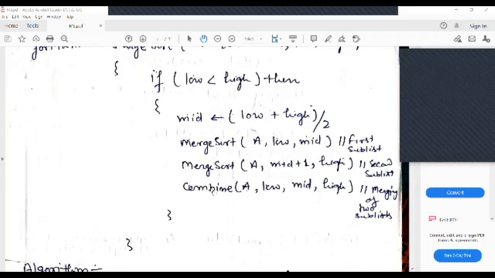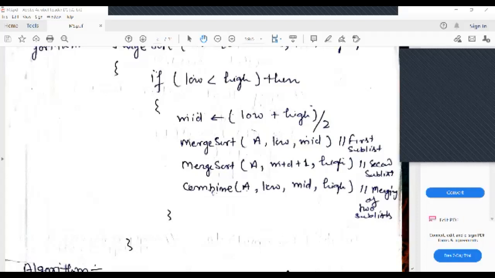This if condition ensures that your problem is large enough that you can call merge sort on these parts and successively solve them, like merge sort A low mid and merge sort A mid plus 1 high, then last combine.